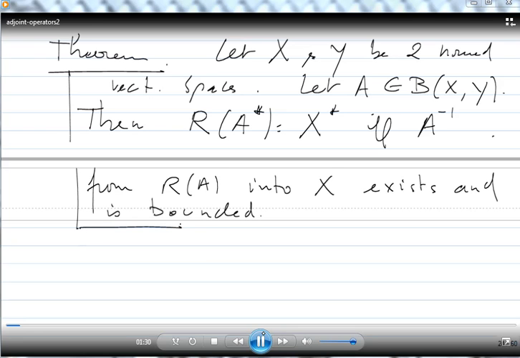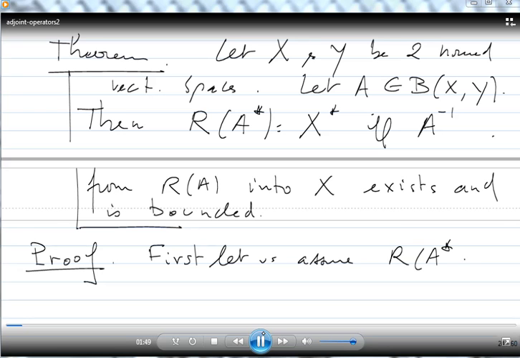Okay, proof. First, let us assume that R of A star equals X star.